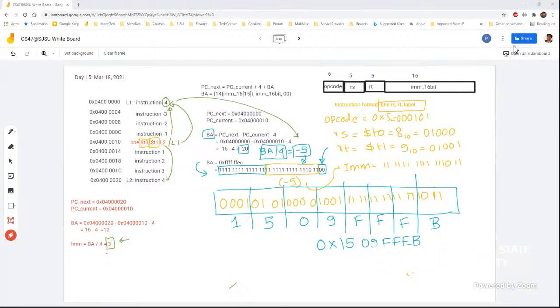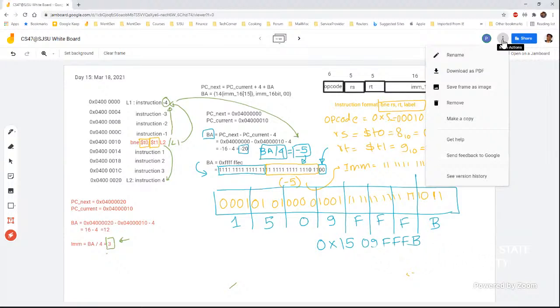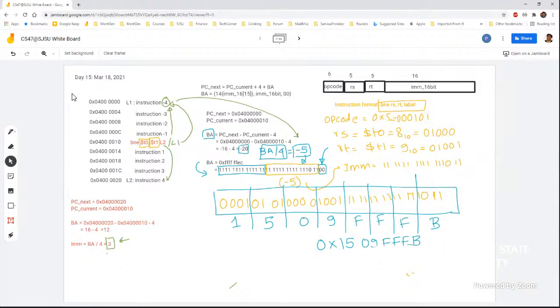Can I copy this frame? How can I copy everything?